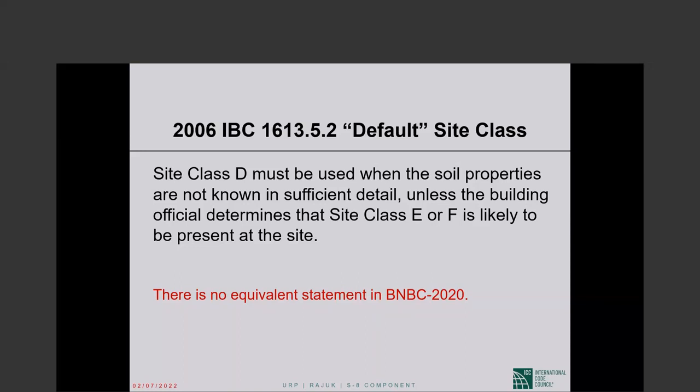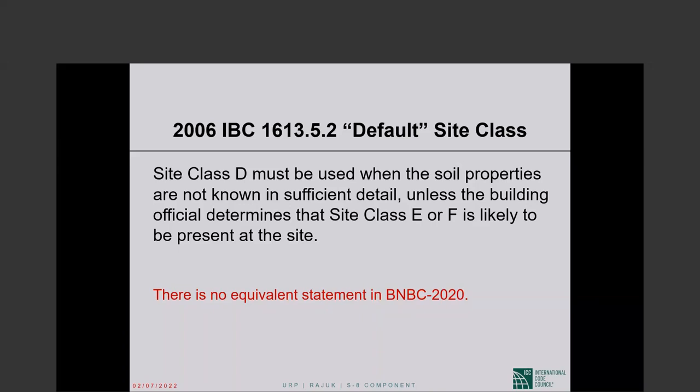Okay, so that makes it important that there be a default site class where there are no soil property measurements. Then what is the site class? And this is what it is about. Site class D must be used when the soil properties are not known in sufficient detail, unless the building official determines.